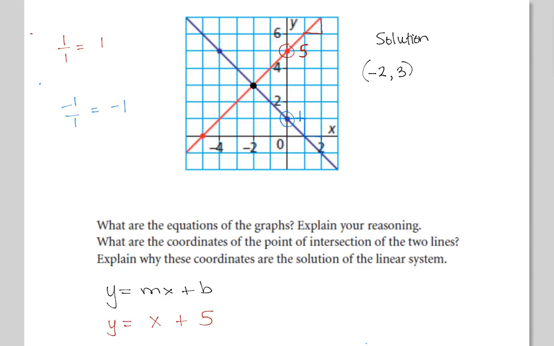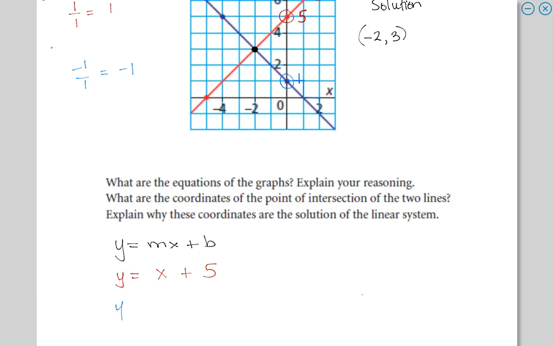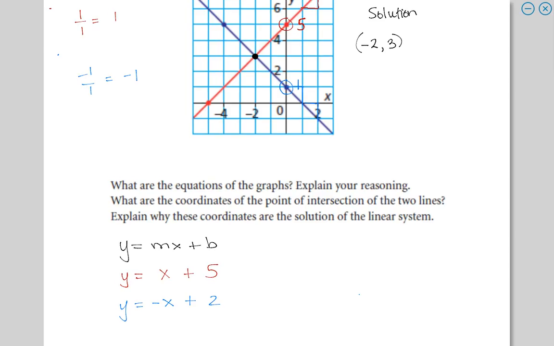So then you would have y equals negative x plus 2. Oh, pardon me. Plus 1. Thank you.